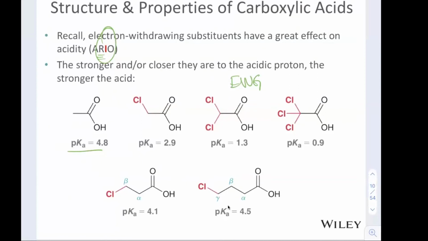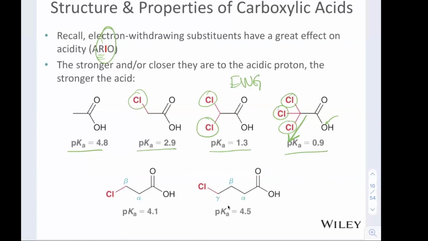But as we add chlorines to our carbon here, these chlorines are going to be electron withdrawing, so they're going to pull electron density away from the developing negative charge on that oxygen of the conjugate base. So as we add chlorines, one chlorine, we see the pKa go down to 2.9, two chlorines, it goes down to 1.3, and three chlorines, it goes below 1.